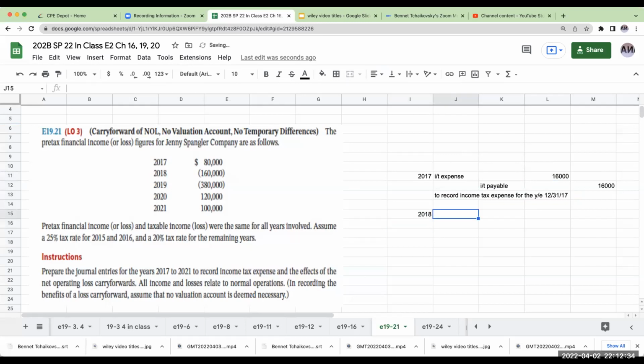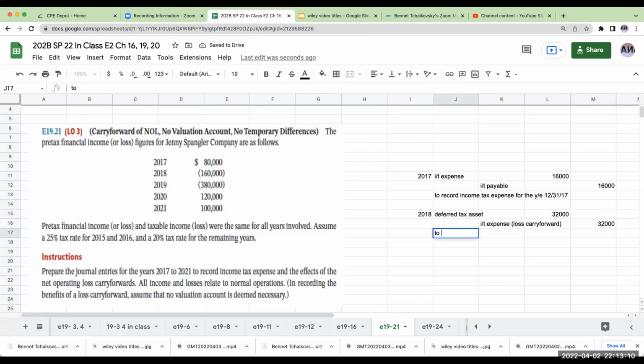For 2018, when I have a loss and I am carrying it forward, I'm going to record a deferred tax asset. So I'm going to have a deferred tax asset, and this is going to be 160,000 times 0.2. And I'm going to have an income tax expense, a loss carry forward, for 32,000.